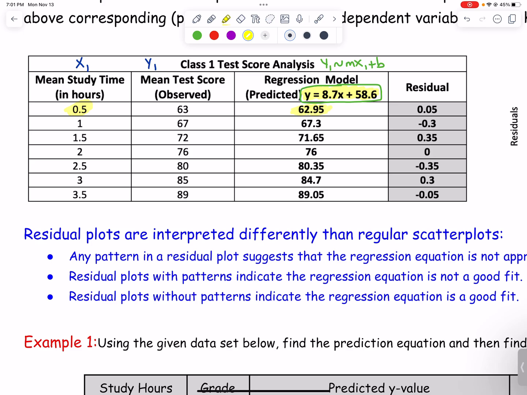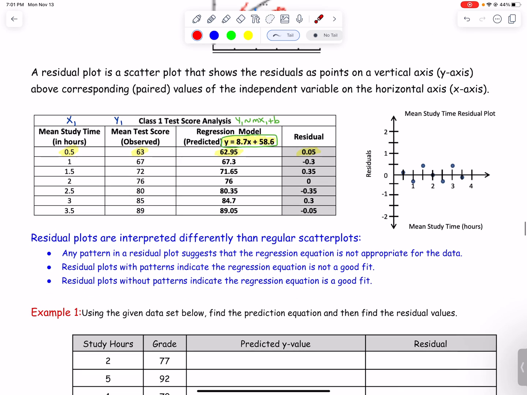But the actual test score achieved was 63. That means 63 is 0.05 above the predicted amount. And so that's why the residual value is positive, because the actual test score was higher than what was predicted by that amount. And we're going to do one of these on our own in just a second.